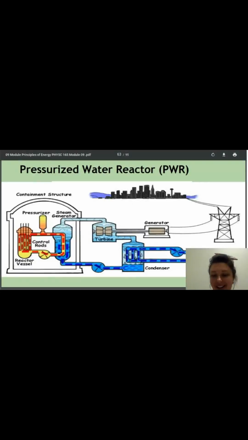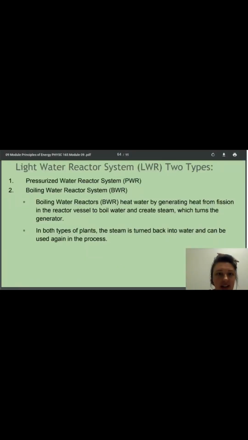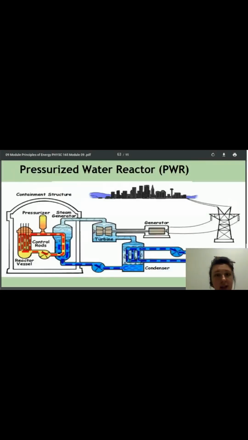So on the other hand, boiling water reactor cores, or BWRs, are allowed to boil, so it's missing one of those loops. Now, pressure water reactors are considered safer, but they produce a little bit less power for their nuclear breakdown because there are so many stages.